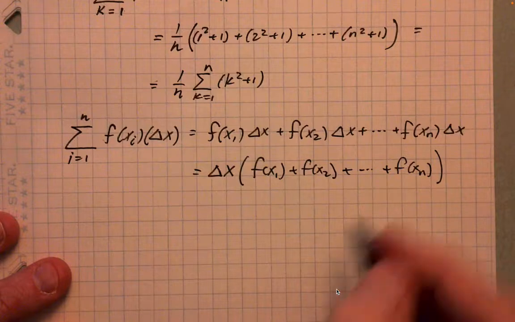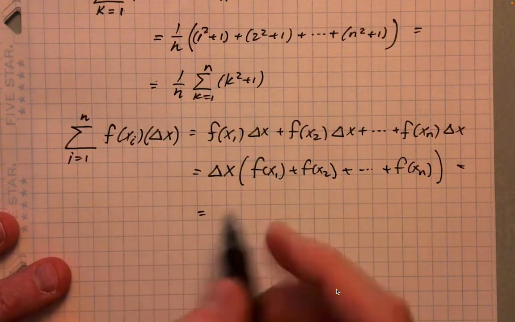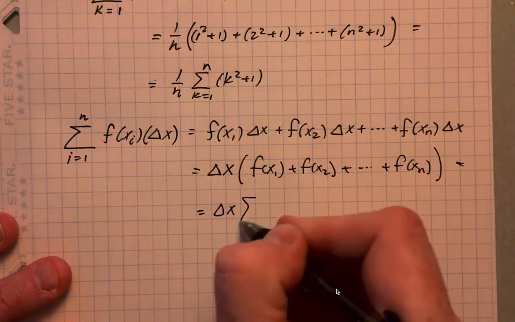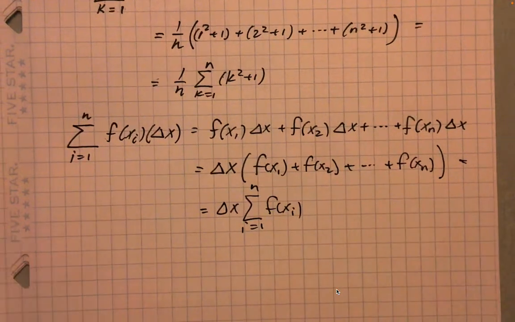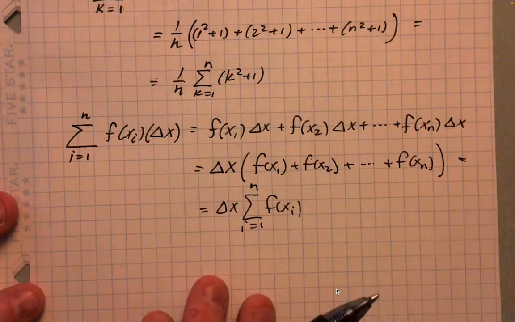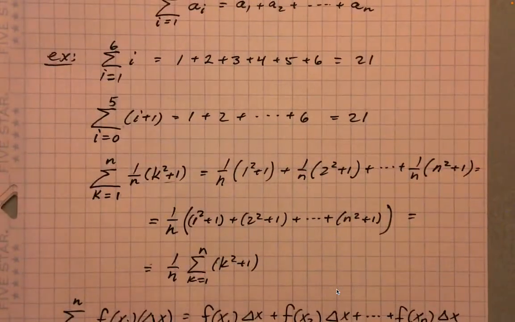Right, and then you would just have the sum itself, and then I guess it would be prudent at the beginning to factor it out as well. Like so. Okay, so these are just some examples. This notation is a staple of mathematics from basically here on out.